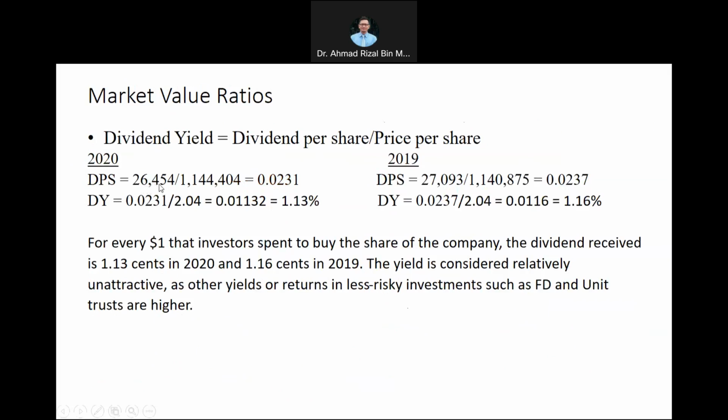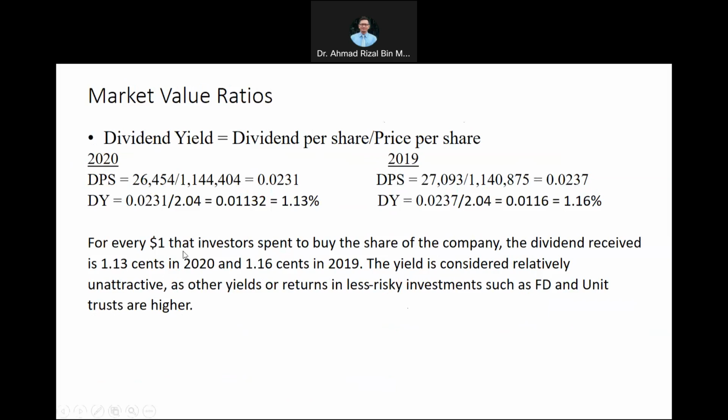The 26.545454 is the amount of dividend paid by the company, and when you divide it by the number of shares, it turns out to be 0.0231 ringgit, or 2.31 cents, and 2.37 cents in 2019.